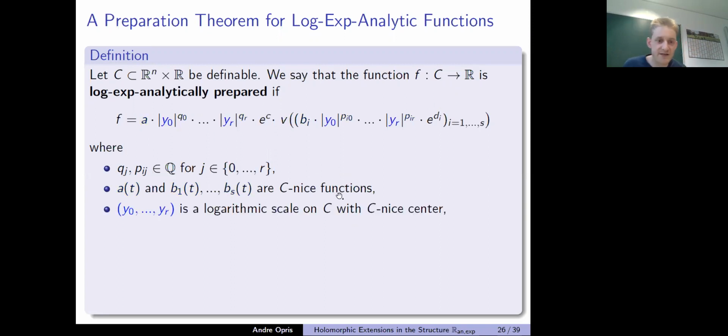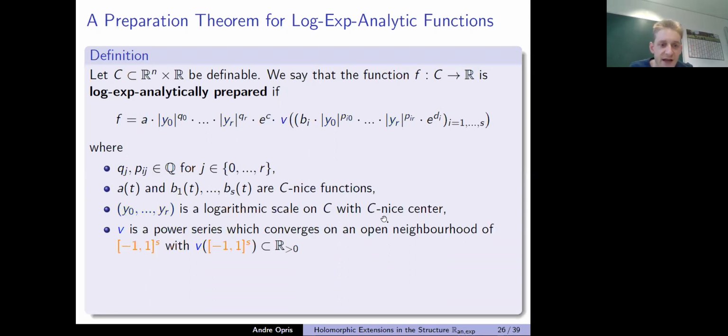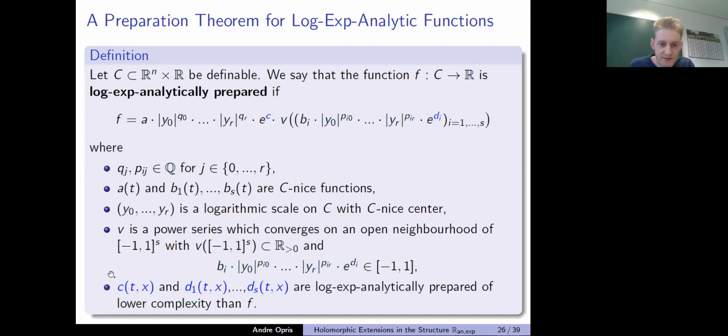We can be more precise now. y0 to yr is in a logarithmic scale on C with such a C-nice center. We also have that V is a power series which converges on such an open neighborhood, and that the components are contained in [-1, 1]. We also have that these functions are log-exp analytically prepared of lower complexity than f.